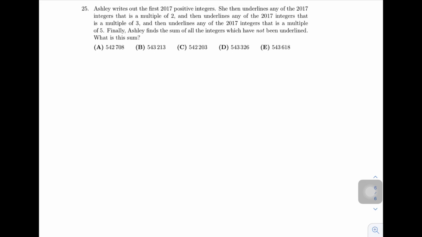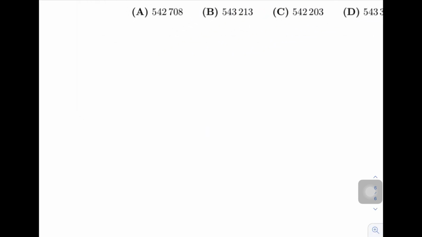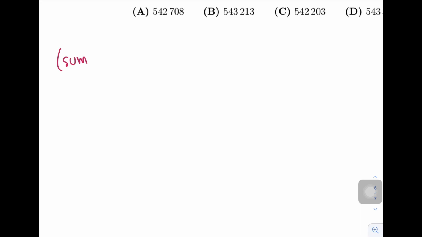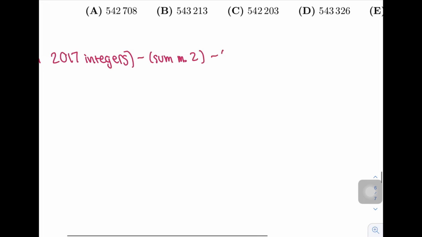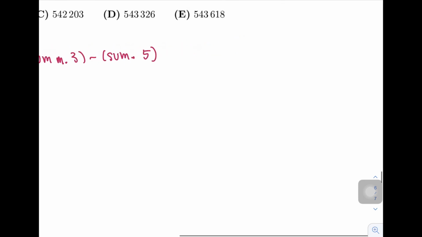So then I'm just going to write out basically what I said. So we have the sum of all 2017 integers. And then we need to subtract the sum of the multiples of 2. And then subtract the sum of the multiples of 3. And then subtract the sum of the multiples of 5.